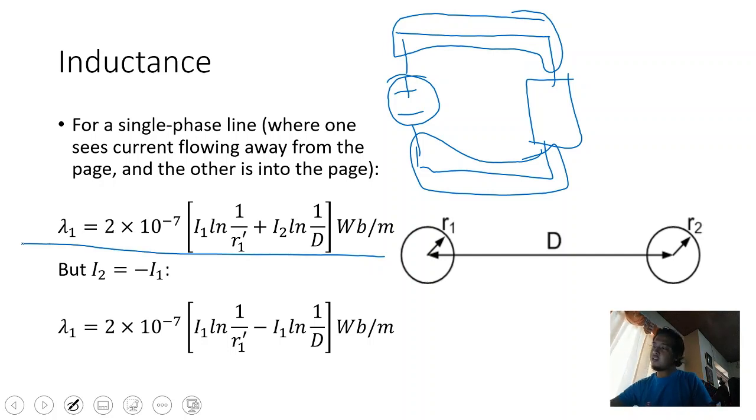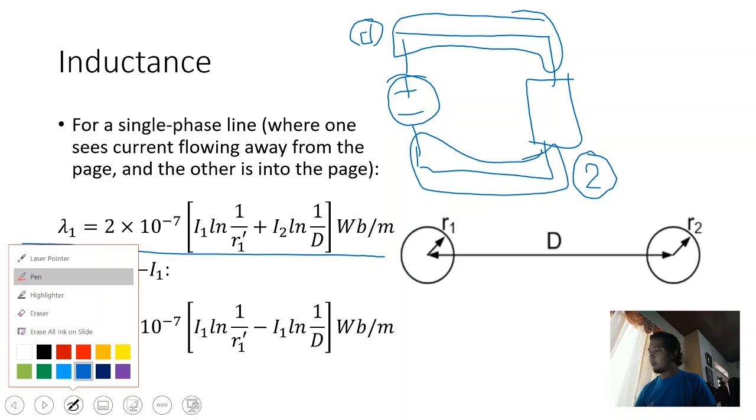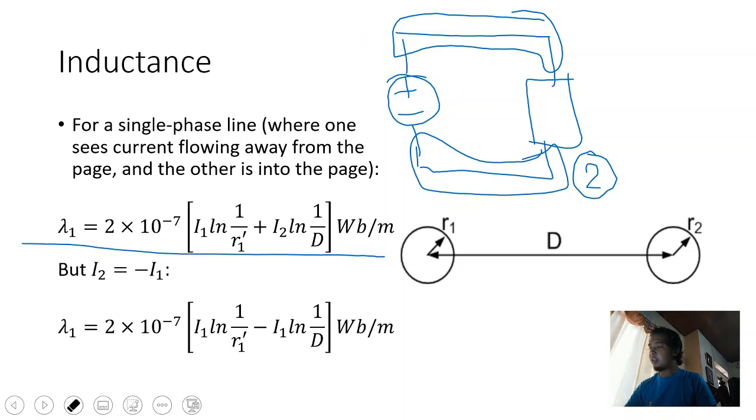So let's say that this is conductor 1 and let's say that this is conductor 2. Okay. So if this is conductor 1, then its inductance will be dependent on the flux linkage that is due to itself and due to conductor 2.